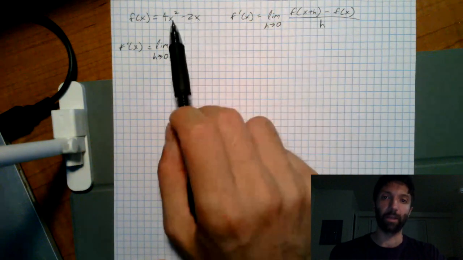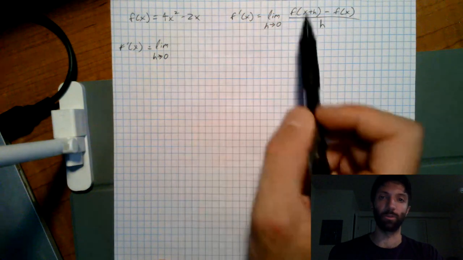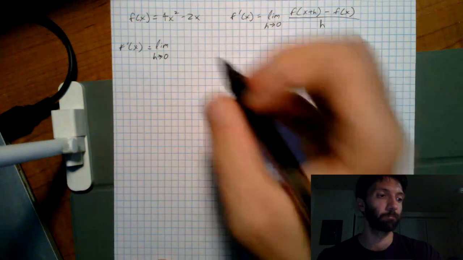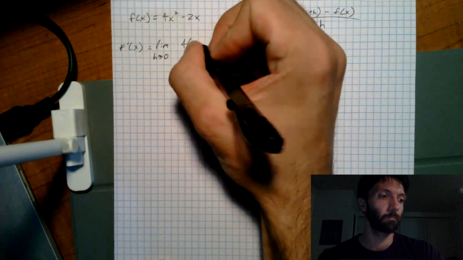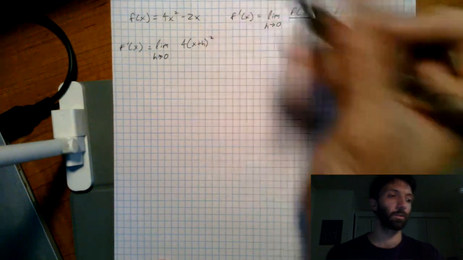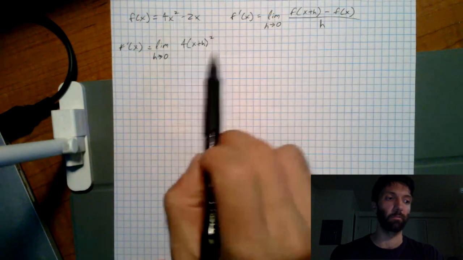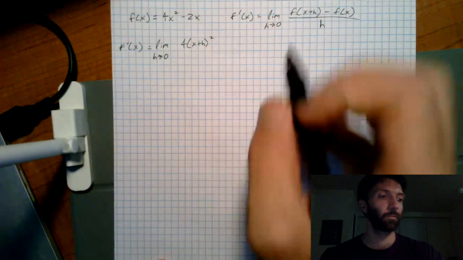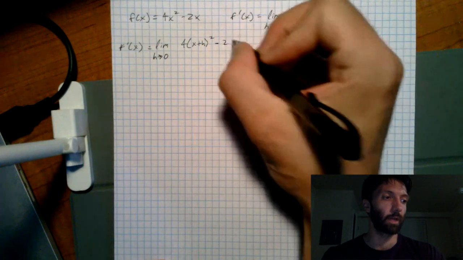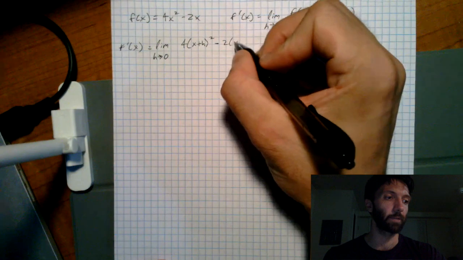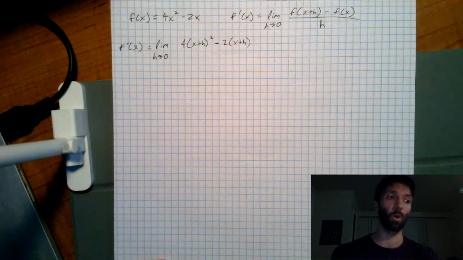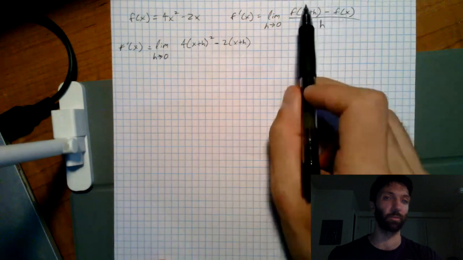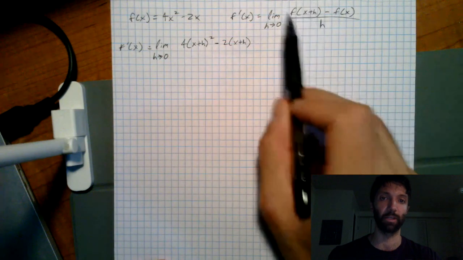So wherever I see an x, I need to substitute the x plus h into there. So my 4x squared is going to become 4 times quantity x plus h squared minus 2 times the quantity x plus h. So all of this here is just the f of x plus h.